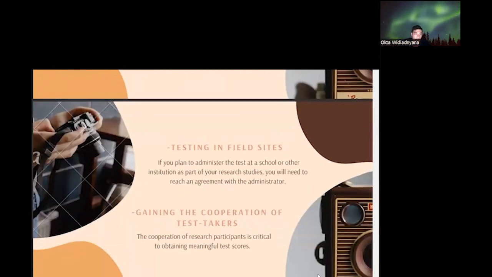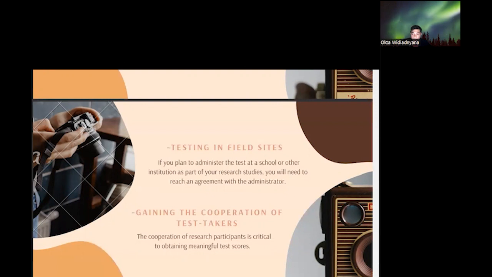Okay, the next, testing in field settings. If you plan to administer the test at schools or other institutions as part of your research study, you will need to reach an agreement with the administrator.